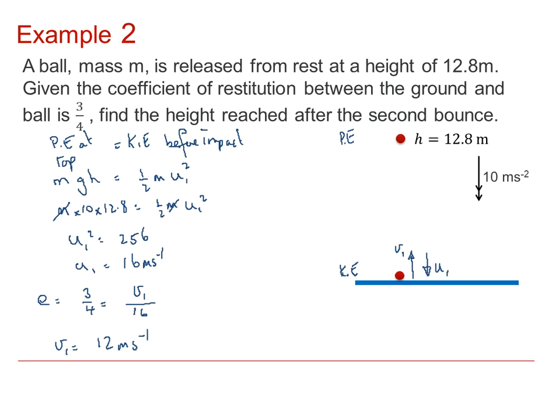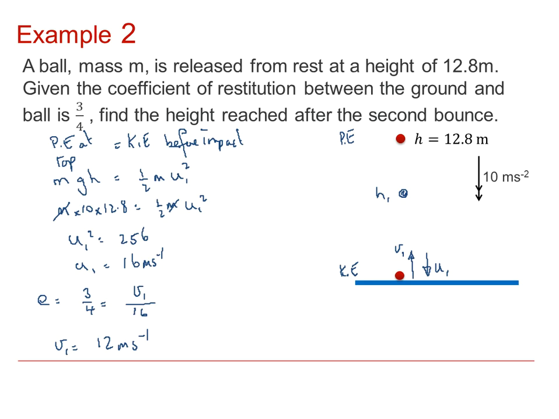Now the ball rises up to its first height, h1, so that kinetic energy is converted into potential energy, but then reconverted into kinetic energy just before the second impact. So at the second impact we have u2 must be the same as v1.